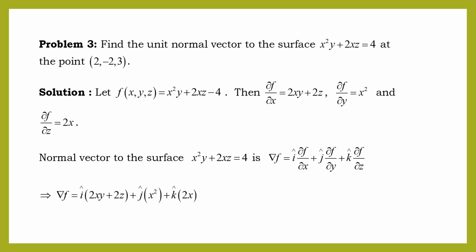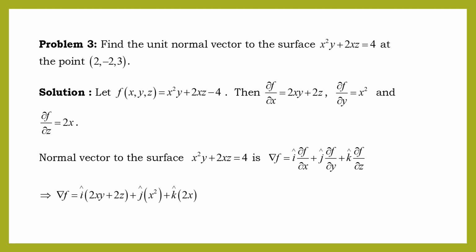We need to find a unit normal to this surface at the point (2, -2, 3). To find the unit normal, first let us consider the surface f of x, y, z equals x square y plus 2xz minus 4.